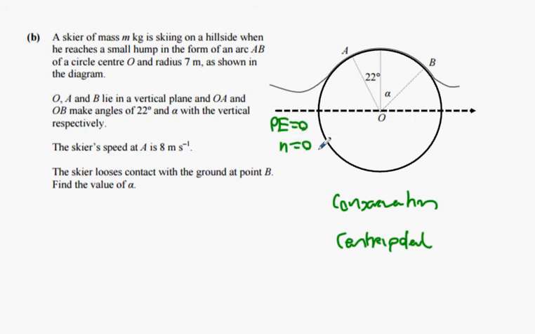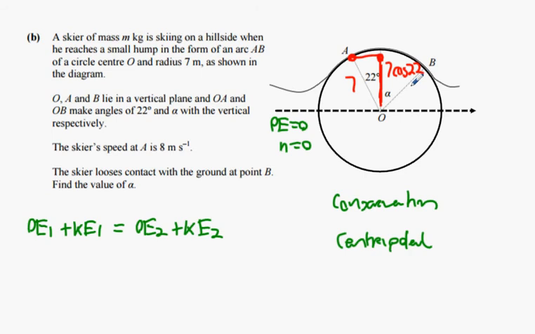Okay, so to work the conservation of energy, we have PE1 plus KE1 equals PE2 plus KE2. Now, I have to find the height above the ground. The radius is 7, isn't it? If that's 7, what's this red distance here? 7 cos 22.